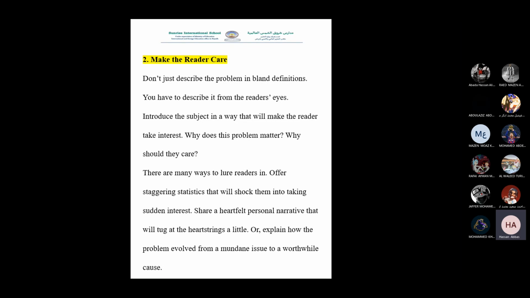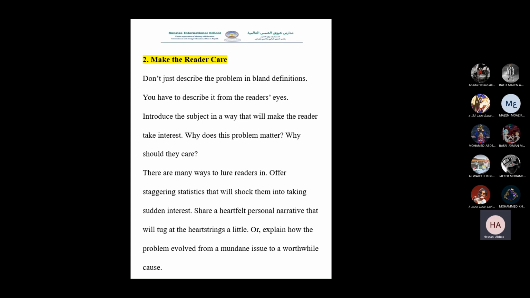When you write a paragraph about homeless people, you have to attract me as a reader to read your paragraph and to know the problem, what it is and what it's about, and why it needs to be solved.